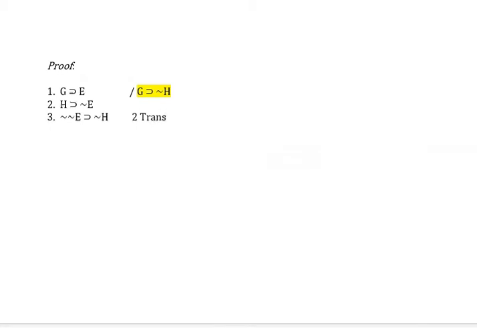Now we go to line 4. Okay, well, notice that what we want is, again, if G then not H. We do have the not H here. We have the G over here, so it looks like this is kind of gearing us towards the hypothetical syllogism.